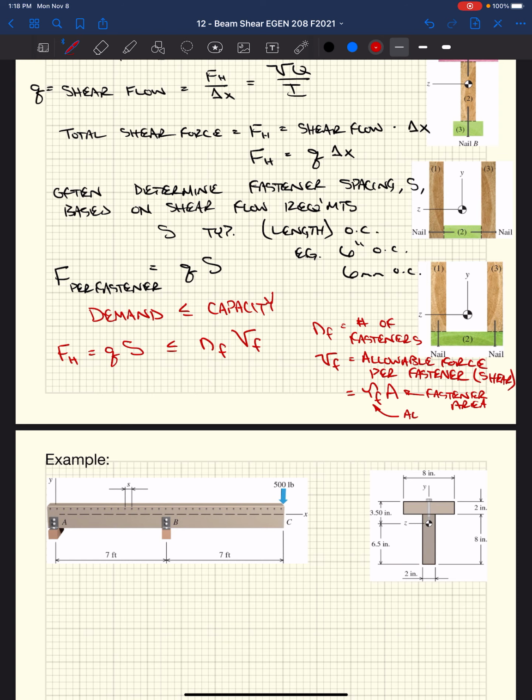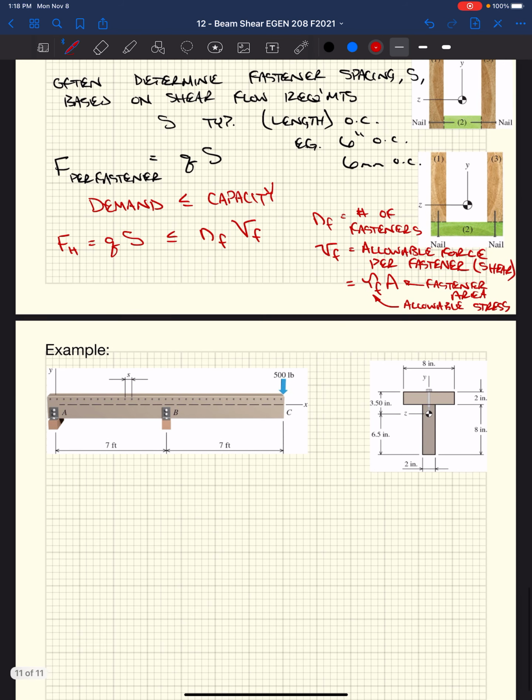This is our allowable stress. So we can figure out a demand based on the shear flow.